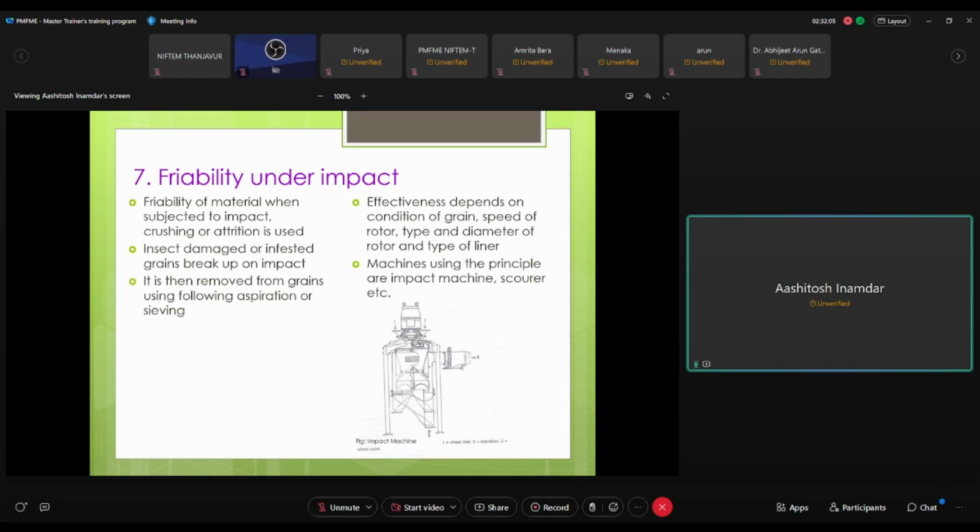Whatever damage happens will be sucked through the air. So we get rid of all the infested grains and the insect damaged grains with this impact machine. It is very rarely used in Indian conditions. Basically, this machine is used in flour handling, but in grains it is used rarely. But of course, it should be noted.